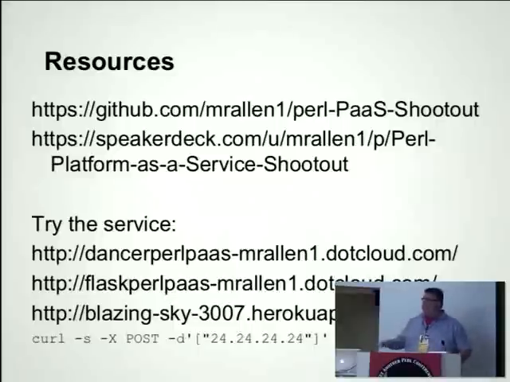From their command line, you can type .cloud SSH and then your application name, which in my case was dancer perl pos .www, and it puts you in a shell on the server. So you can tail log files or manipulate settings files or whatever you need to do in there.